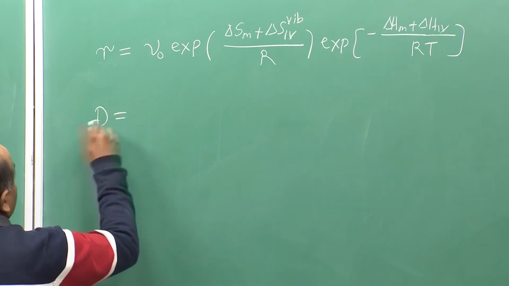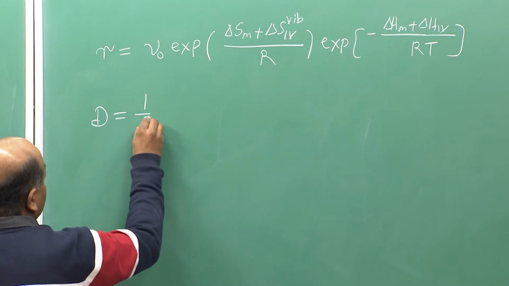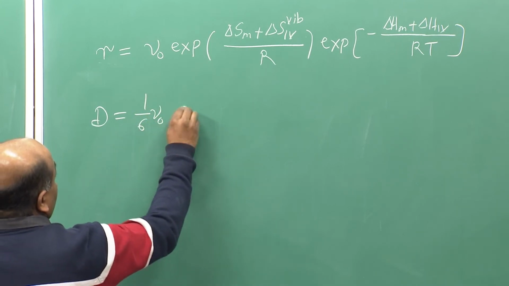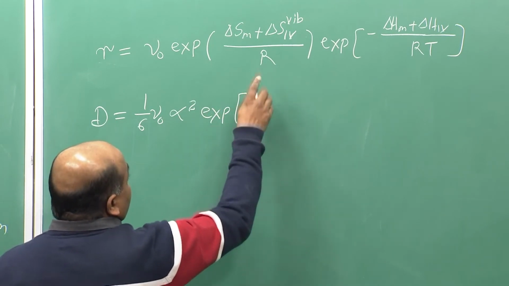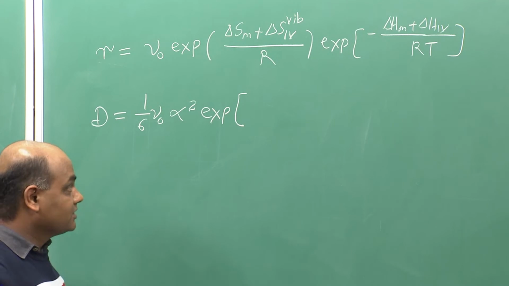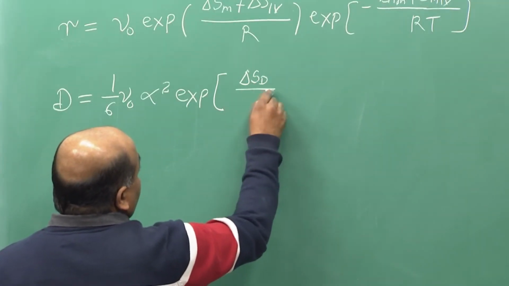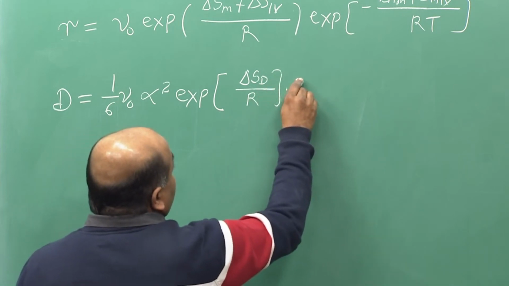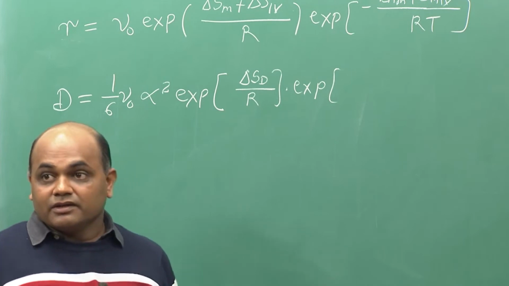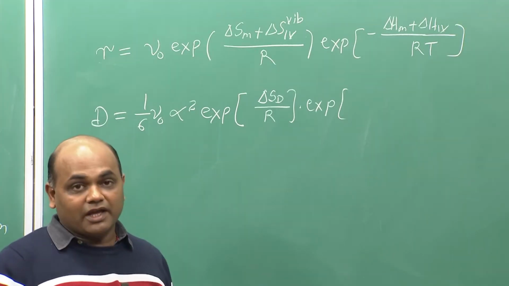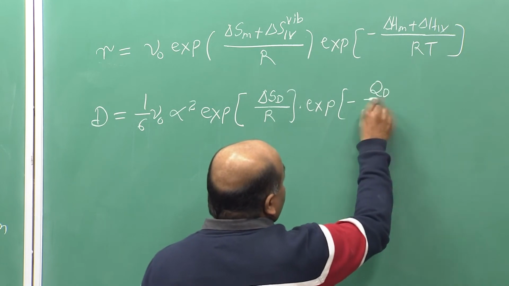We substitute into the expression for D, it becomes 1/6 nu 0 alpha square. This combined we can denote as entropy of diffusion, and this combined we can denote as enthalpy of diffusion, or the energy barrier for diffusion, which is denoted as Qd.